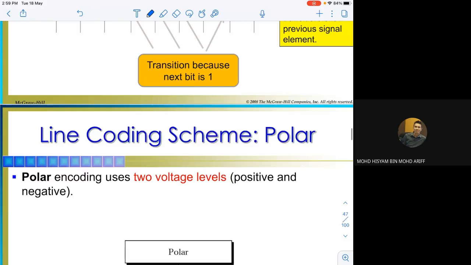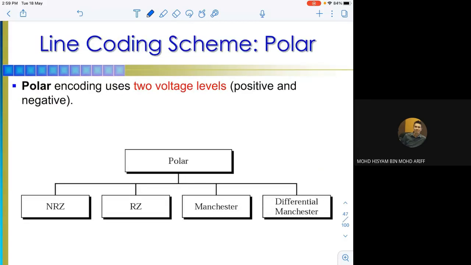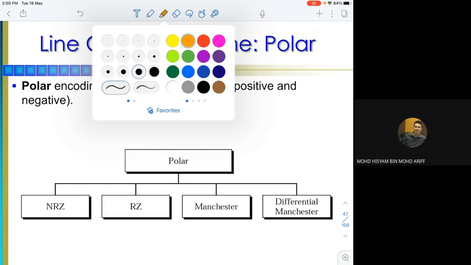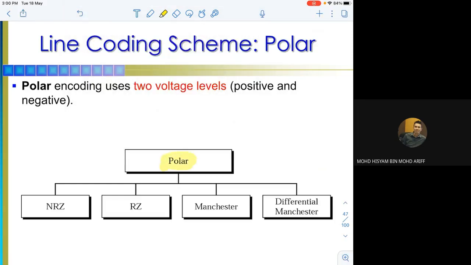Now let's go to the polar. Tadi unipolar. Ini polar. Ini penting tau. Kalau you terlupa tak erti buat ni, saya pun tak dapat tolong you. Okay, dalam polar, we got non-return zero, return zero, Manchester and also differential Manchester.